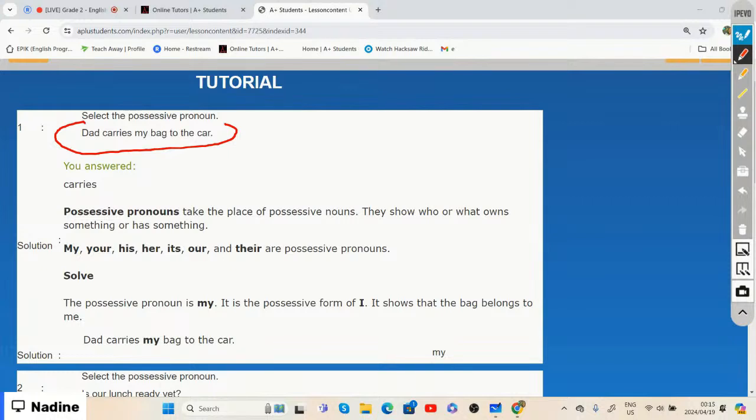Is it dad? Is it carries my bag to the, or is it car? We said possessive pronouns are words like my, your, his, her, its, our, and their. Those are possessive pronouns.